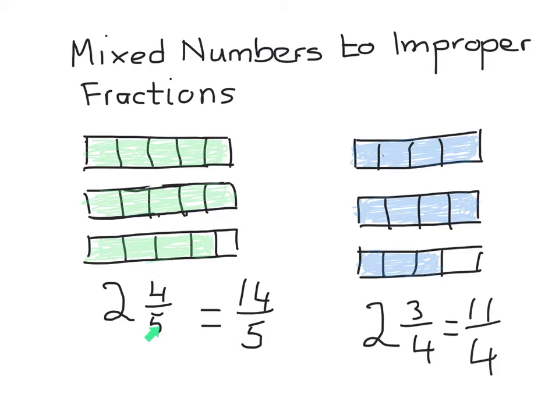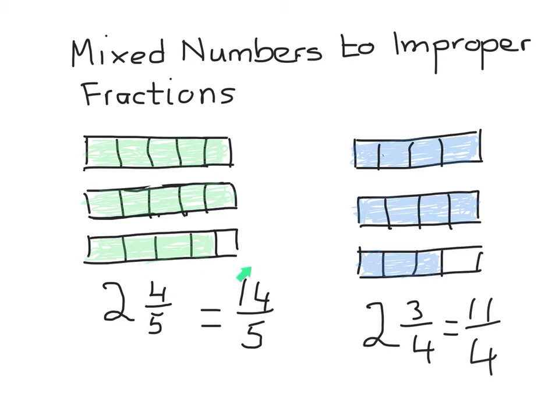All you have to do then here is look at the denominator, it's fifths, and say, okay, in 2 wholes, I have to have 2 times 5, which is 10 fifths. In 2 wholes, I have 10 fifths, plus 4 more. So I'm multiplying the denominator by the whole number then add the numerator. 5 times 2 is 10, add on 4 is 14, 14 fifths.